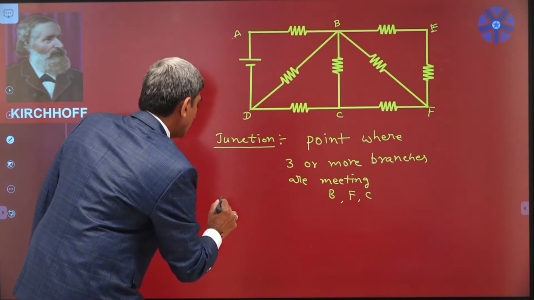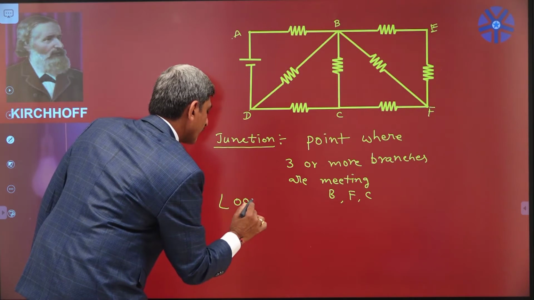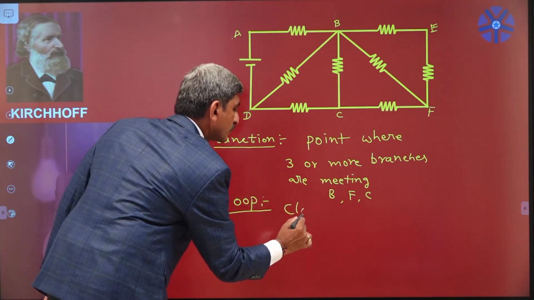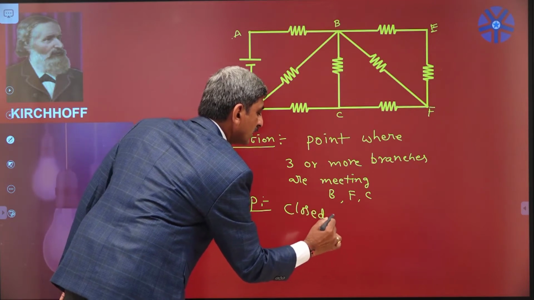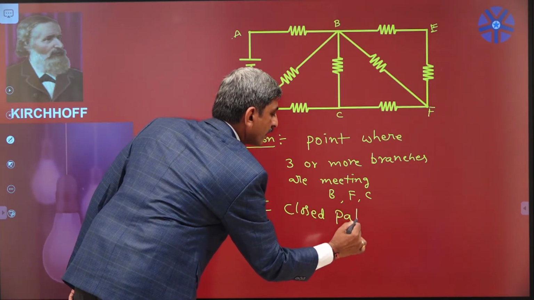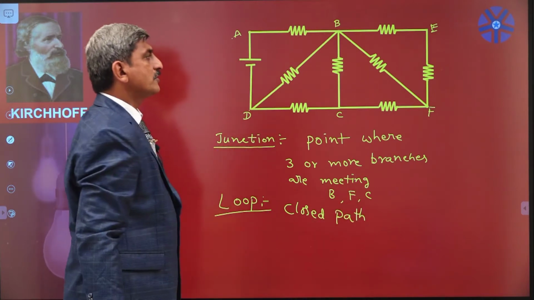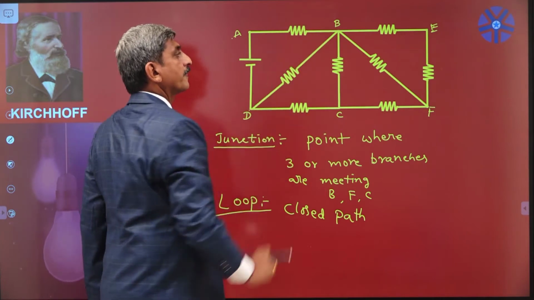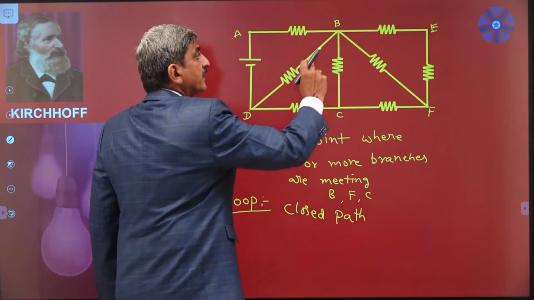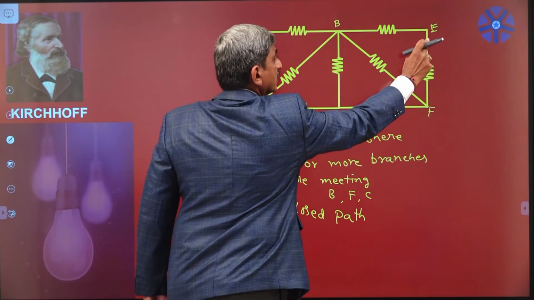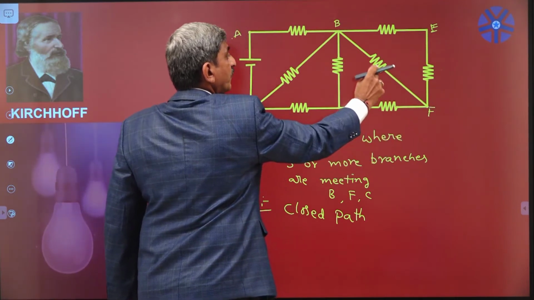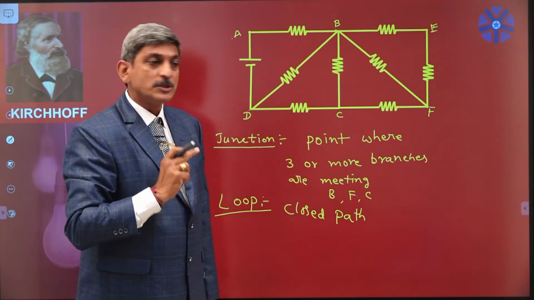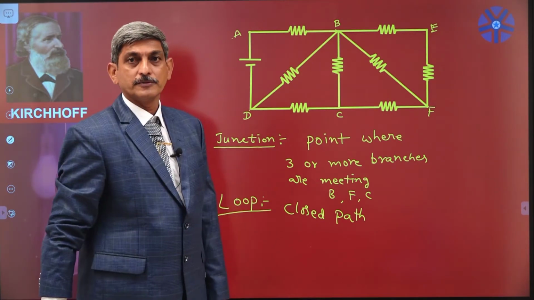Now come to the loop. Loop means simply a closed path. Suppose let us start at a point, say B. By traveling along the closed path, if we come back to the initial point, that closed path is called the loop.